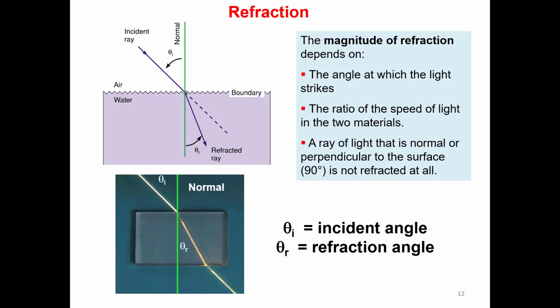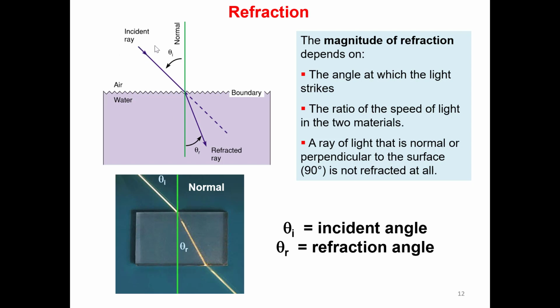And here we also want to describe what happened when the ray passed from one medium to another medium in terms of the angles we can measure from the normal line. In this case, we had the incident ray.